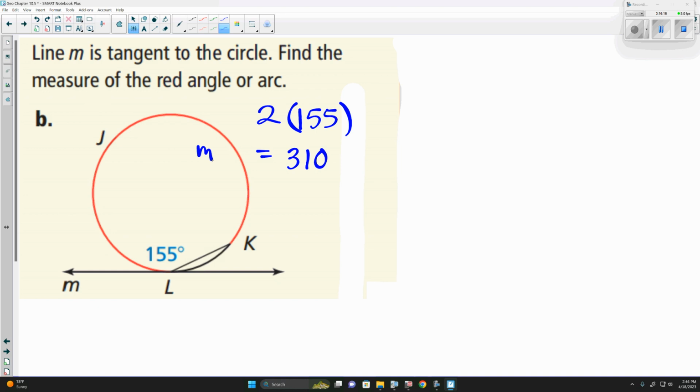The measure of arc LJK is 310 degrees. Or we can do that in a calculator. Either way works. Questions on any of this here?